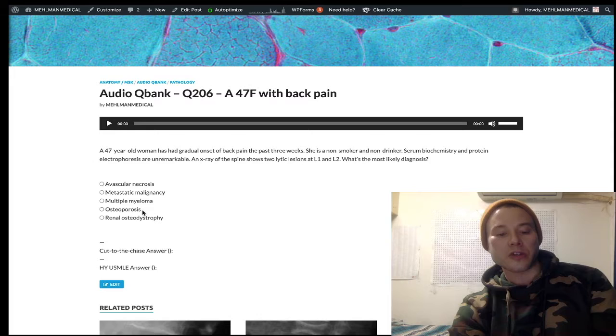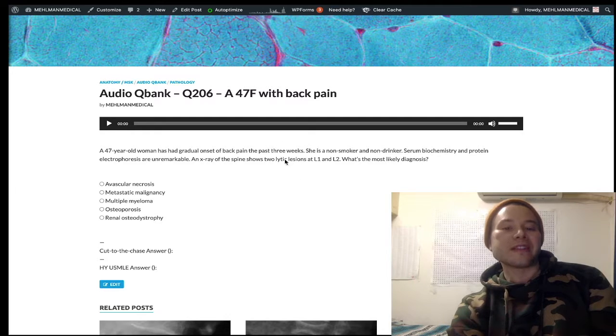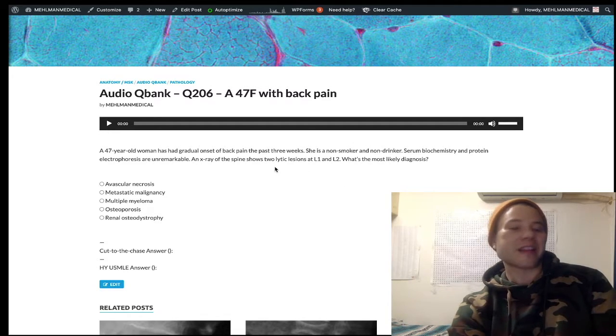Osteoporosis, as I just mentioned, is classic in women who are a bit older. She's premenopausal, presumably, so there's no reason to assume that she has osteoporosis here, and osteoporosis isn't usually lytic lesions. It's just diffuse decreased bone density of the spine and hip. That's classic.